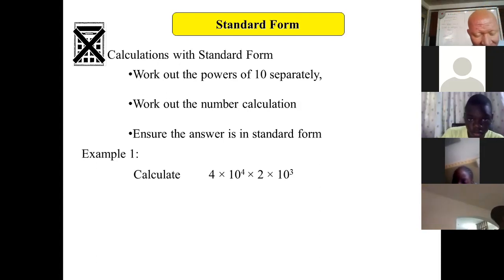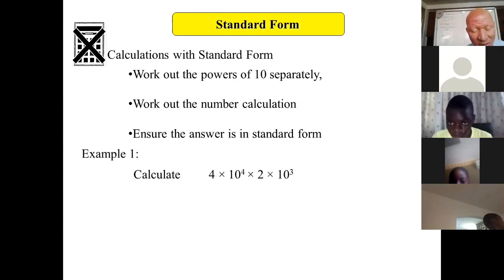But the ordinary numbers we have attached to it, that is 4 and then 2, you are also going to multiply them separately. So 4 times 2 will give you 8. Then that will be 8 multiplied by the earlier answer, which is 10 raised to power 7.